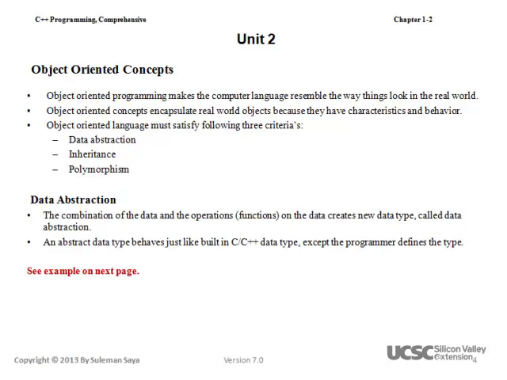Object-oriented concepts encapsulate real-world objects because they have characteristics and behavior. So if you look around the room for any particular object, such as a chair, it has characteristics and behavior. So now let's look at it. What are the characteristics?